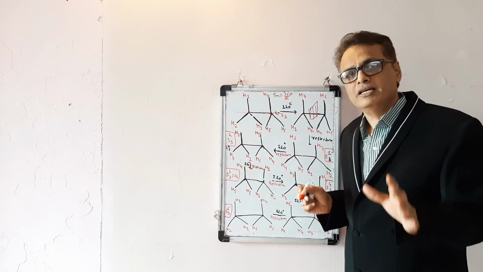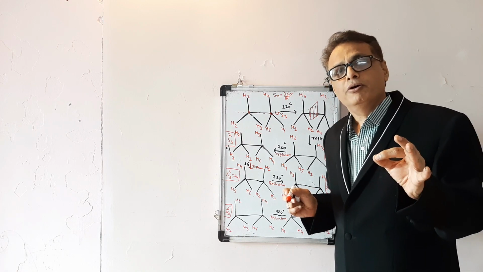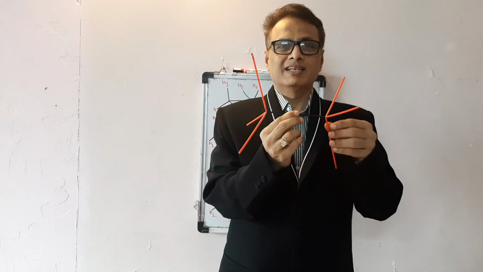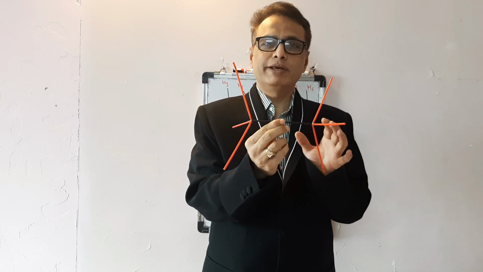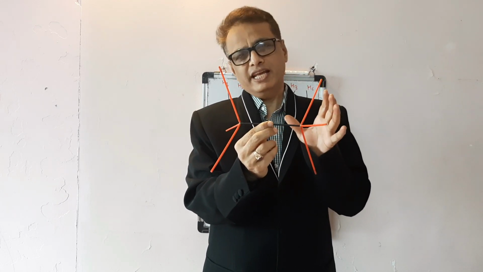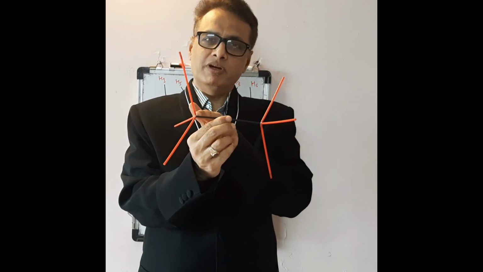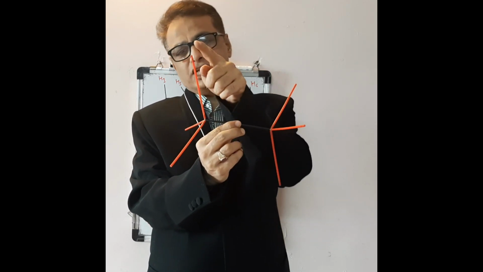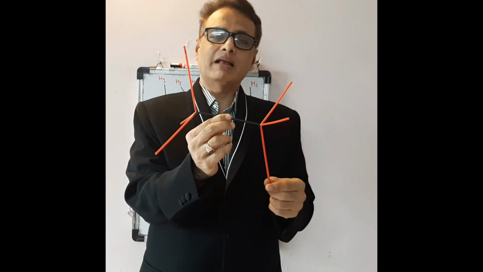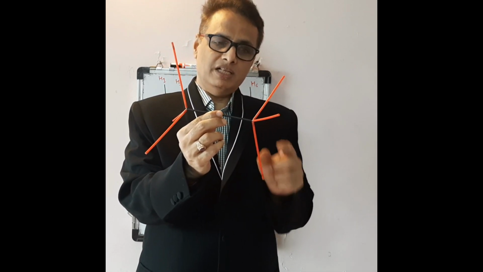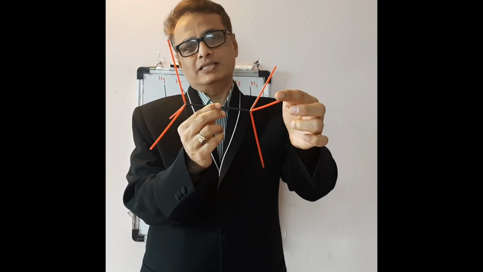Now let us understand the improper rotation axis in staggered ethane. This is your staggered ethane molecule. The staggered ethane molecule contains 2 carbon atoms and each carbon atom is attached with 3 hydrogens. This is carbon number 1 which is attached with H1, H2 and H3, and this is the second carbon atom which is attached with H4, H5 and H6.